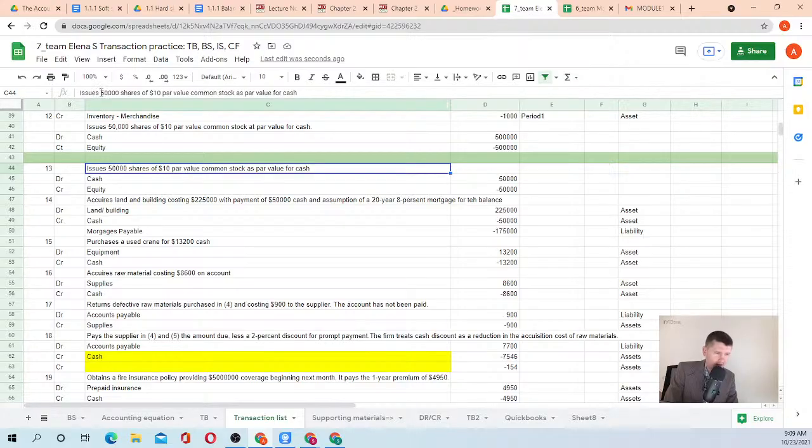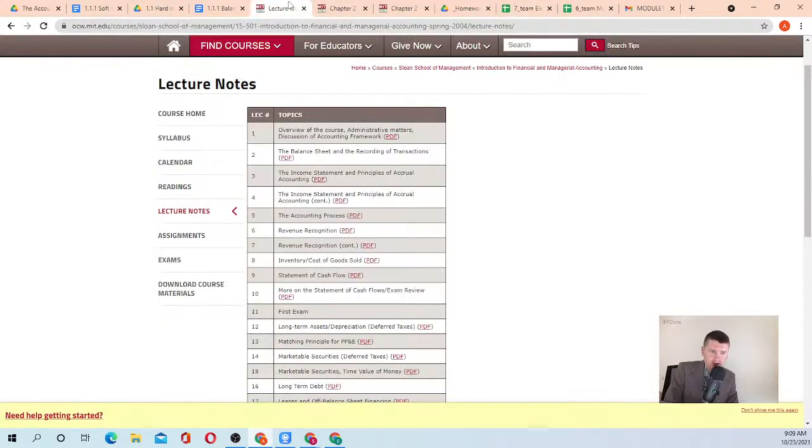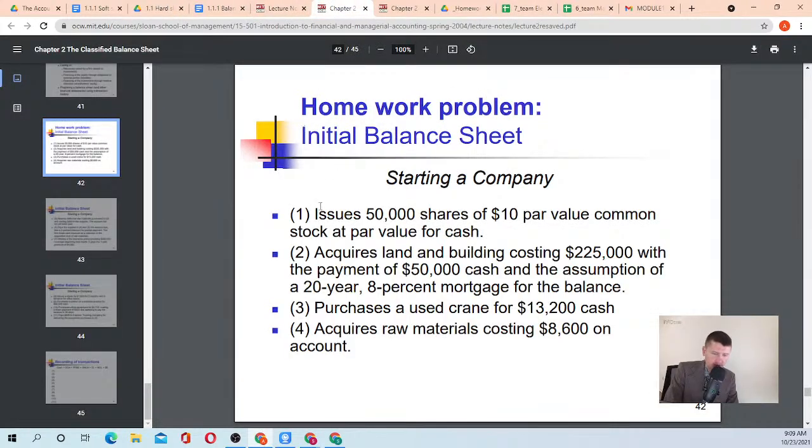So just to avoid that mistake on the exams or such. Here we say that we issued 50,000 shares, and each share is worth $10.